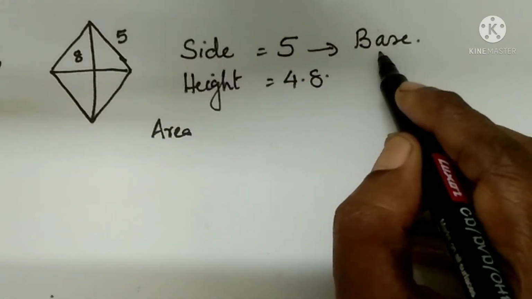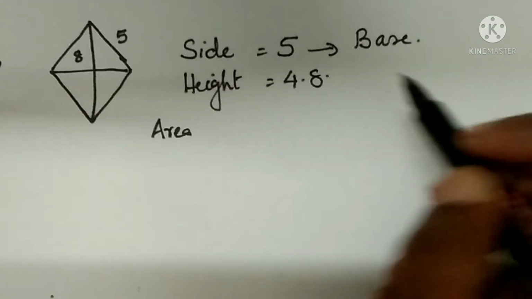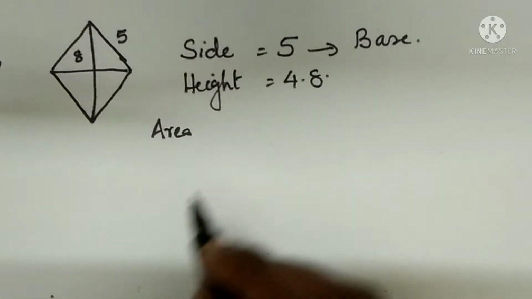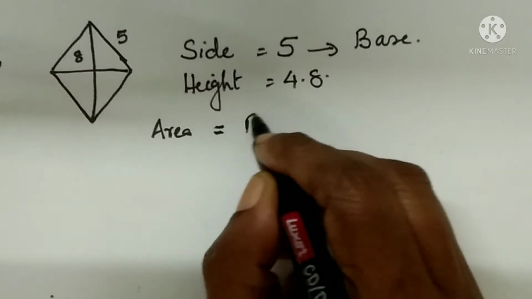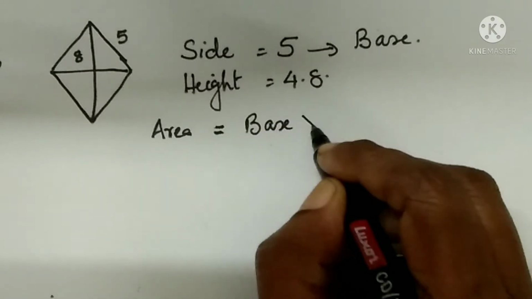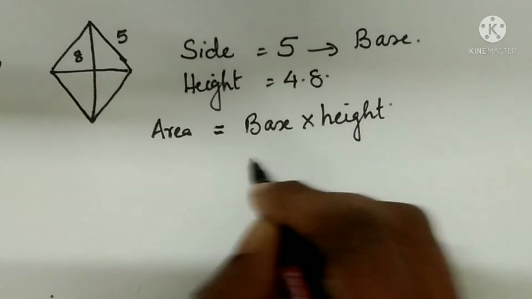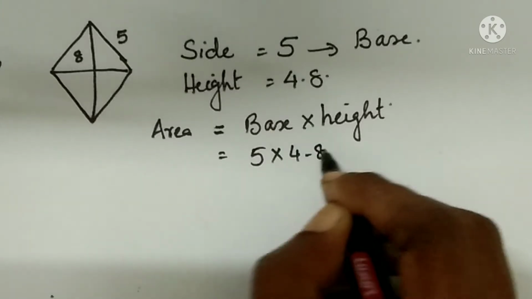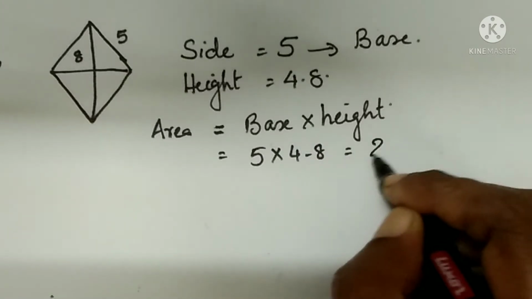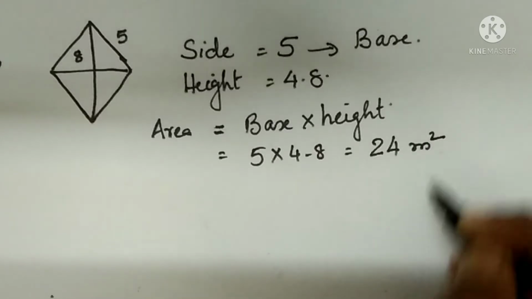So the side is given as 5, that can be considered as the base, and height is 4.8. So area is equal to area of parallelogram, base into height, which is equal to 5 into 4.8, which is equal to 24 square.